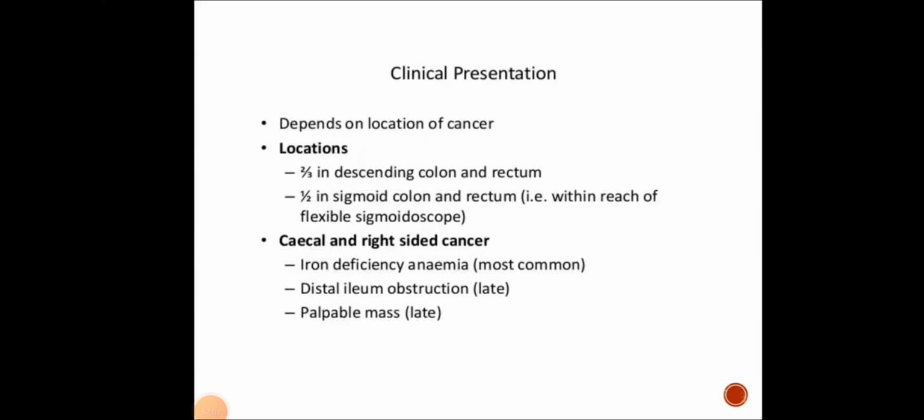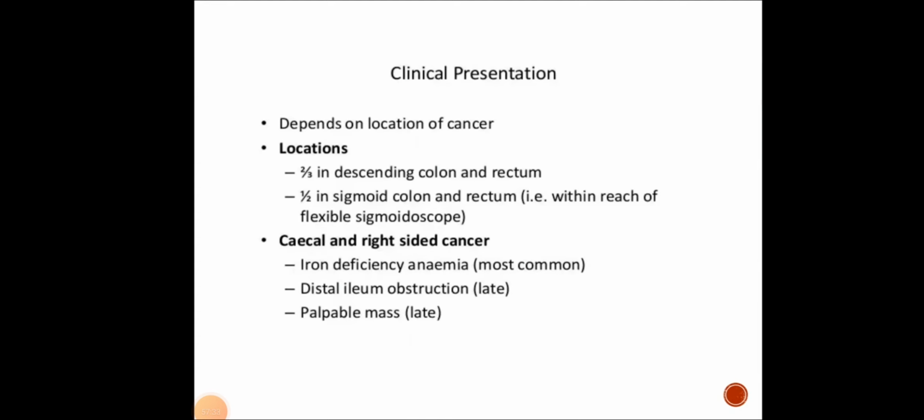Then it is about the tenesmus, that is painful incomplete defecation with the bleeding, that is tenesmus. Then mucus will be there, mucus mixed with blood, that will be present in the stool. Then sense of incomplete evacuation, constipation, anemia, malnutrition, loss of appetite, loss of weight, altered bowel habits. Then sometimes urinary symptoms due to infiltration of bladder or prostate.